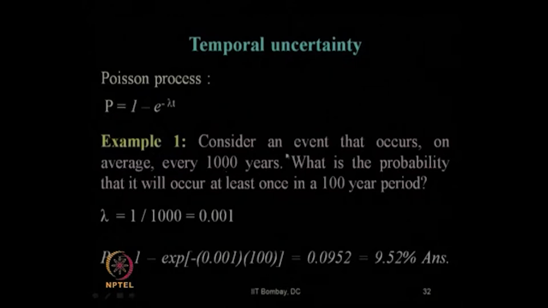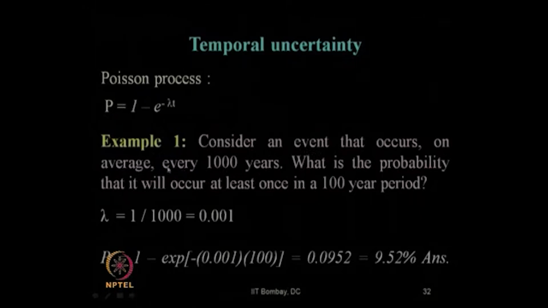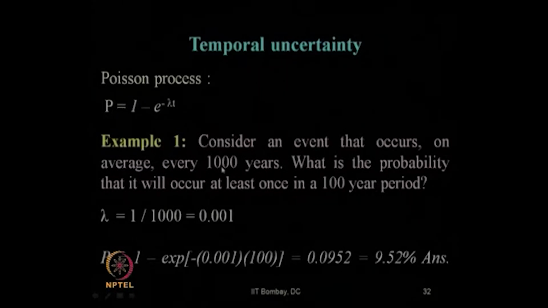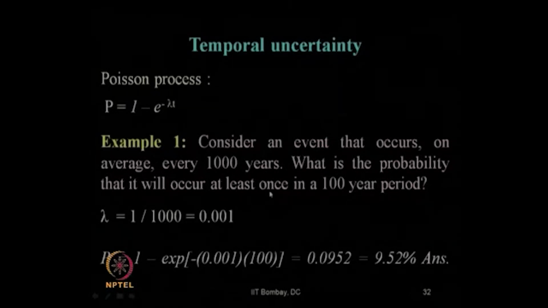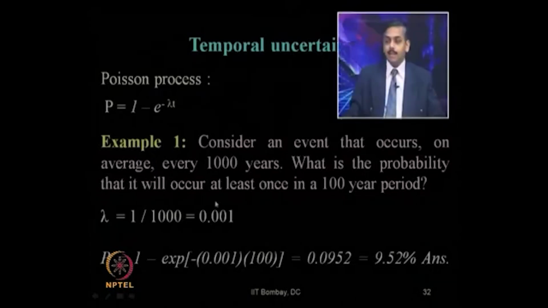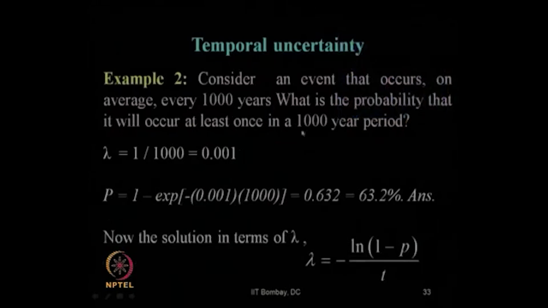Suppose an event occurs once in 1000 years on average, then lambda will be 1 by 1000. So, occurrence of that event at least once in 100 years will be like this. It can be computed, which comes out to be 9.52%. But for the same problem, the probability of occurrence at least once in 1000 years is not 100%, as a layman would generally say, but it will be 63.2%.